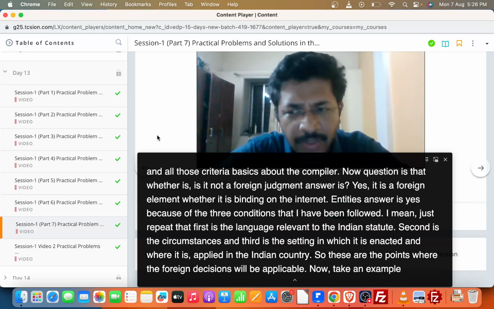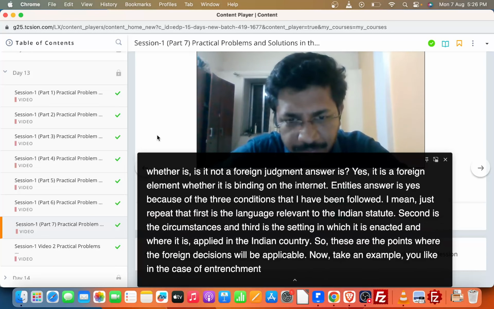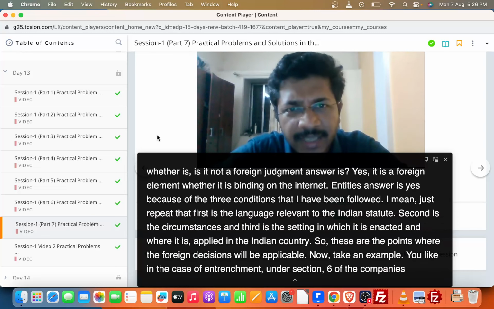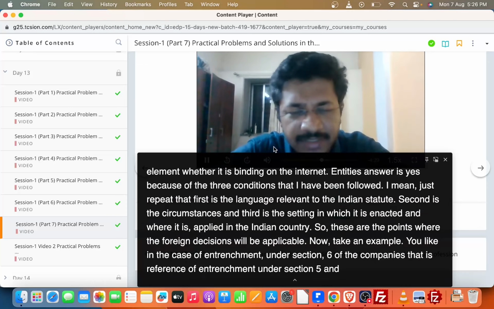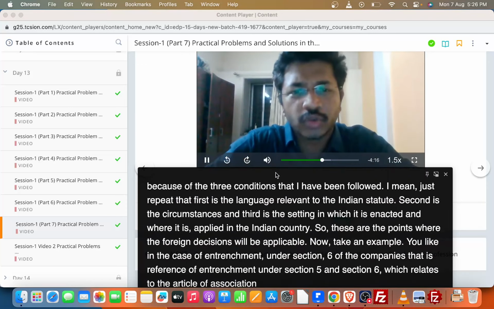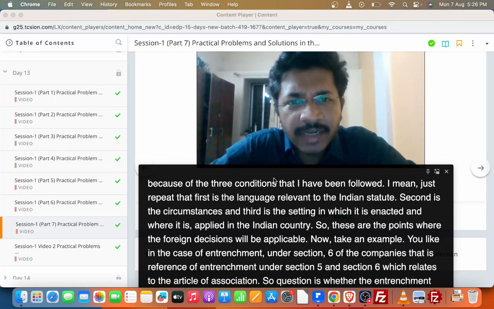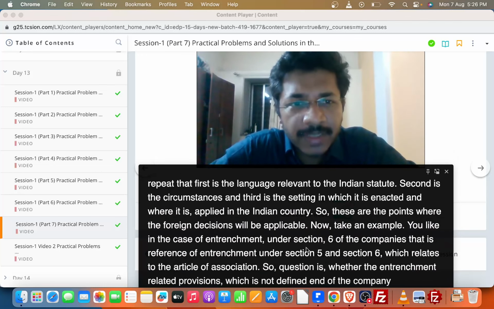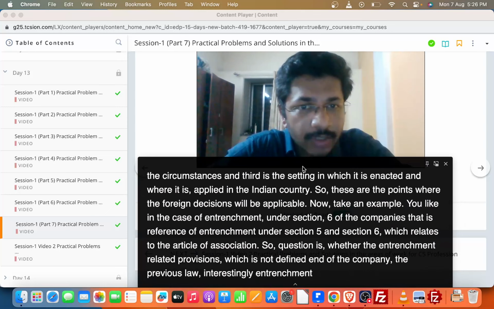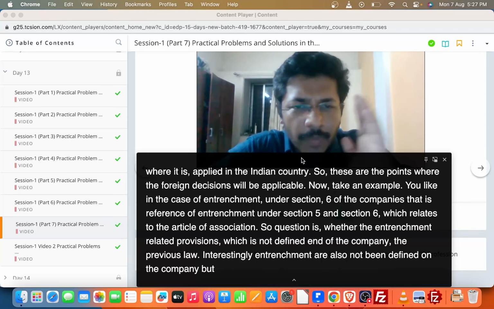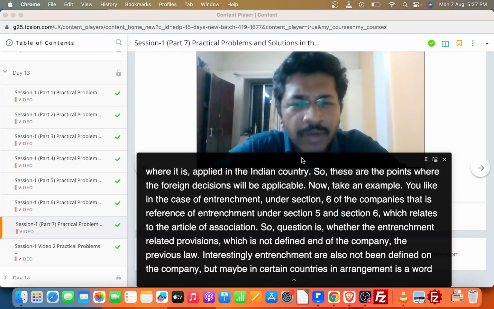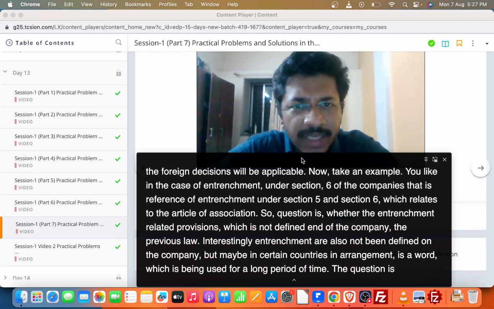Now take an example, like in the case of entrenchment, under section 6 of the Companies Act, there is reference of entrenchment under section 5 and section 6, which relates to the articles of association. So the question is whether the entrenchment related provisions, which is not defined under the Companies Act under the previous law. Interestingly, entrenchment has also not been defined under the Companies Act 2013. But maybe in certain countries, entrenchment is a word which has been used for a long period of time. So, the question is, can you borrow the meaning?